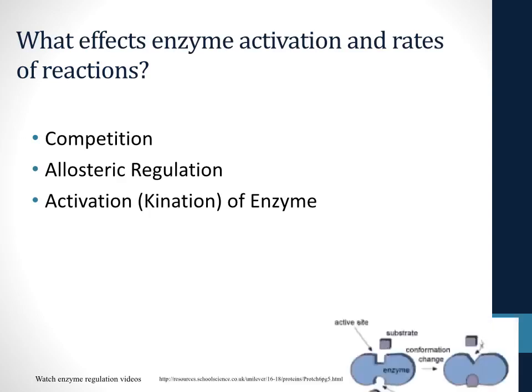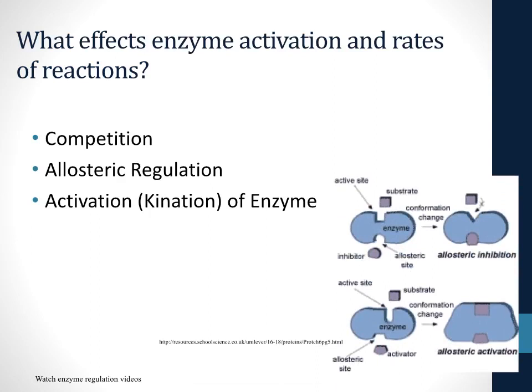The other thing is sometimes enzymes sit in idle. They need to be turned on. Or they're sitting at red line and they need to be turned off. That's what's referred to as allosteric regulation. Allosteric is the big fancy term for shape of the enzyme.